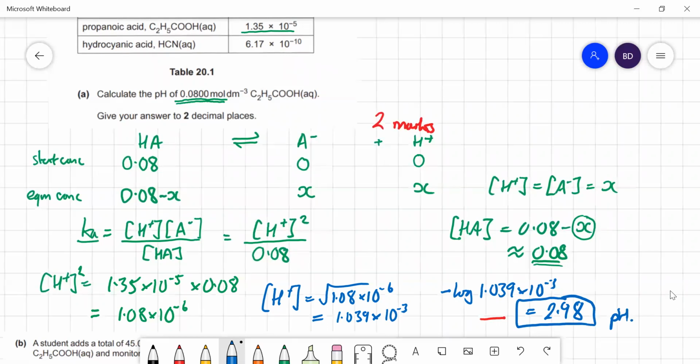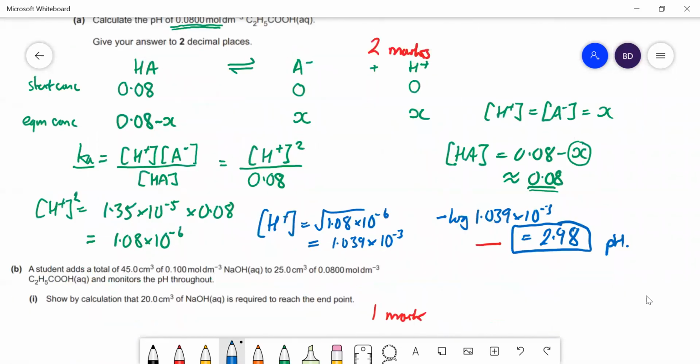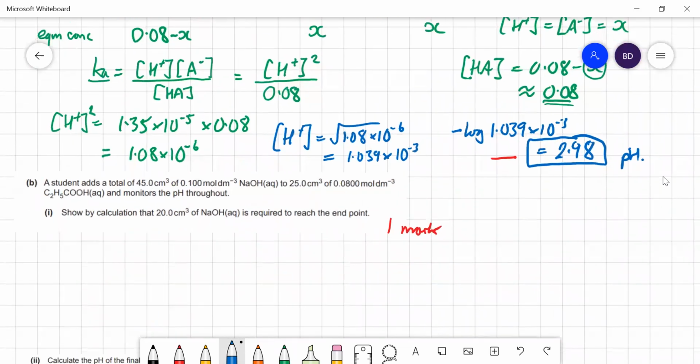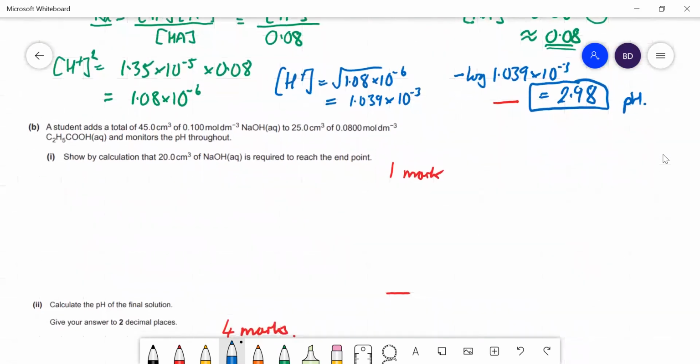Okay, now let's move on. A student starts off with 25 centimeters cubed of 0.08 propanoic acid, and he adds to that a total of 45 centimeters cubed of 0.1 molar NaOH.